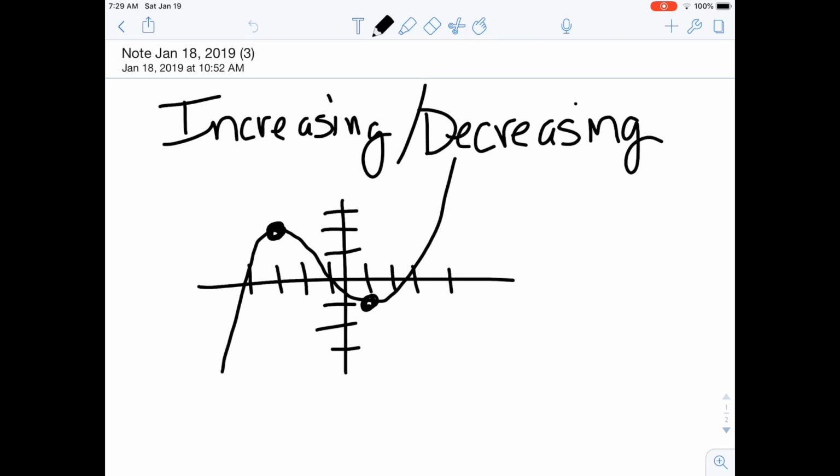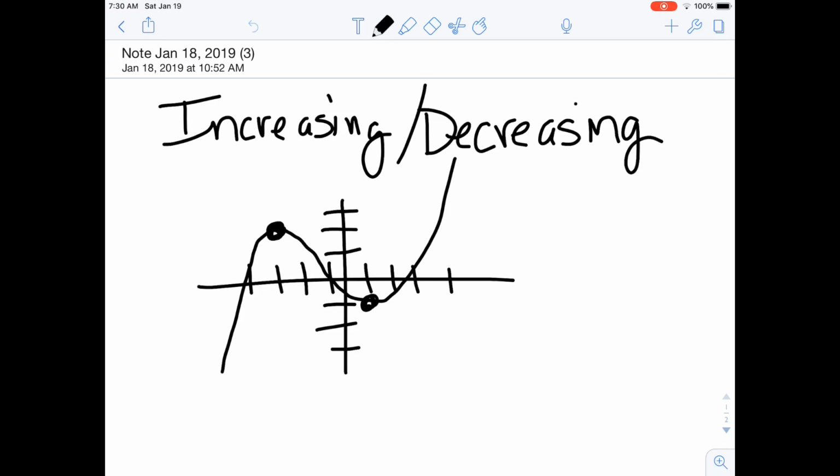If you're given an equation and asked to find the intervals where it's increasing and decreasing, I highly recommend that you graph it in a graphing calculator or some graphing app, like on your iPad or something. This will help you see at what points you're going up and at which points you're going down. And then you can find your intervals.